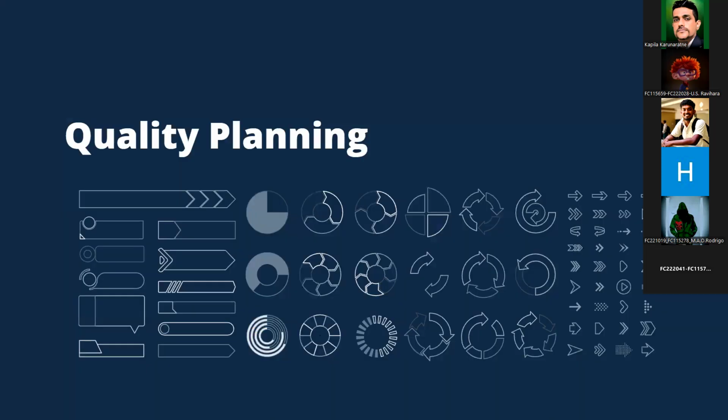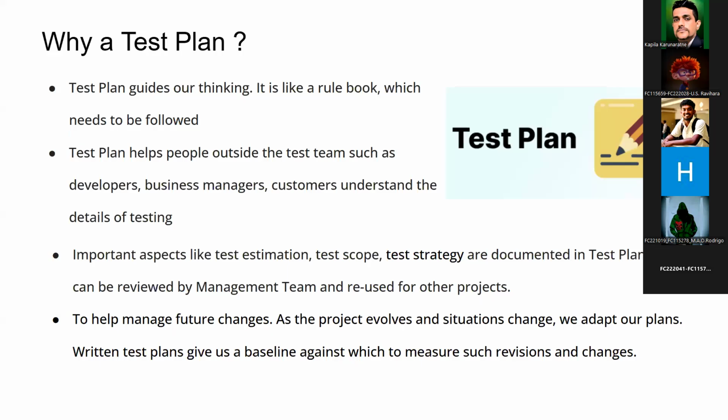We'll look at the quality planning portion first. As part of quality planning, we need to cover the test plan. Any software, application or product that you are going to test should have a quality assurance plan. Sometimes people call it a test plan, quality management plan or quality assurance plan.